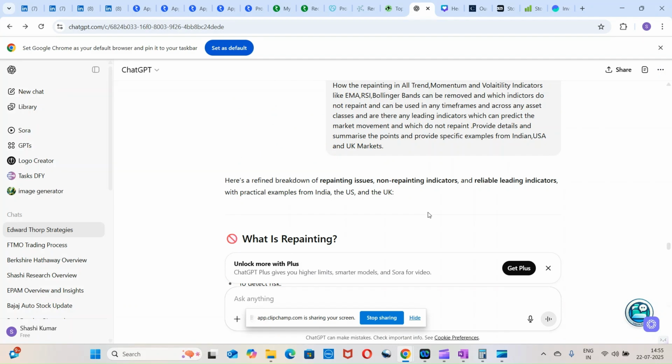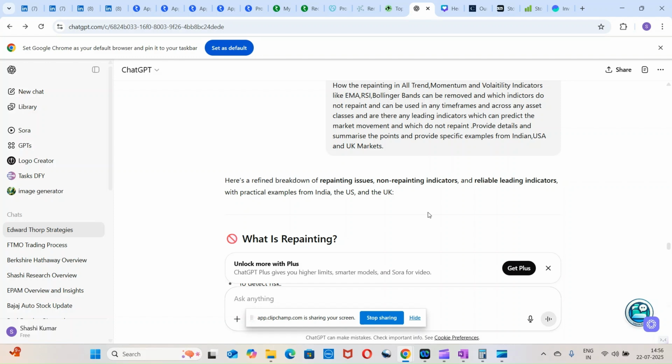So today we are going to discuss repainting and how it happens in trend, momentum, and volatility indicators, and whether this happens in indicators like EMA or Bollinger Bands, and if it happens, how it can be removed, and what indicators do not repaint, and which time frames and asset classes they can be used on, and whether there are any leading indicators which can predict the market movement and don't repaint.